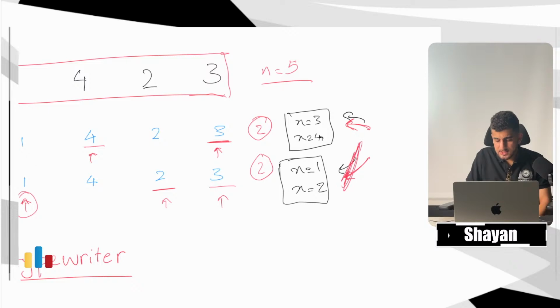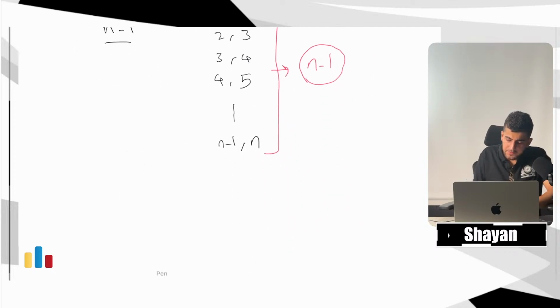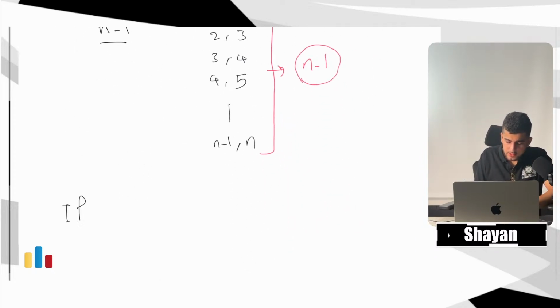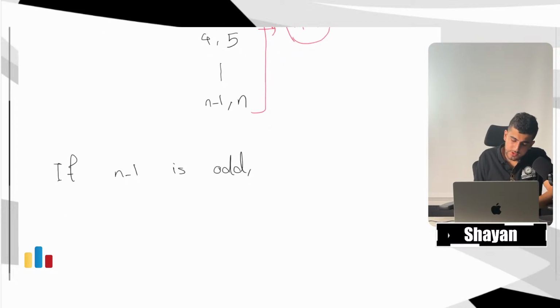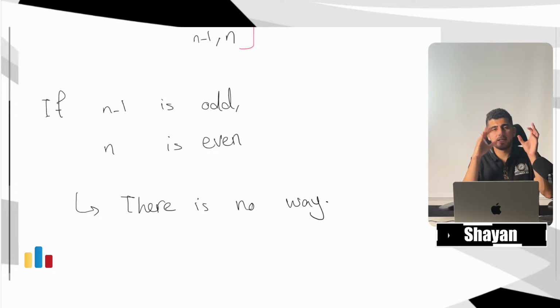So that easily shows that if n minus 1 is odd, or in other words, n is even, there is no way, because you have an odd number of x and x plus 1 pairs and you want to split them into two equal groups.